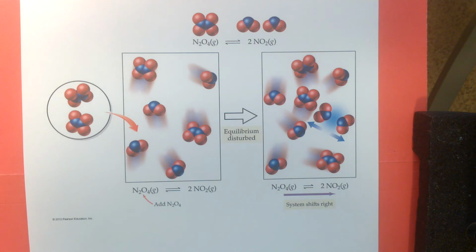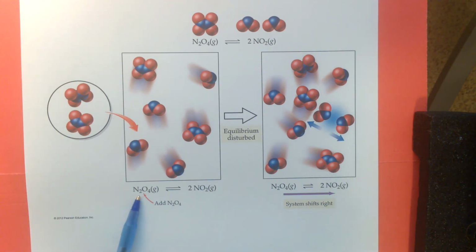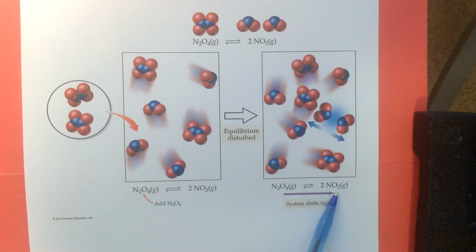So when you add concentration of one substance, you're going to shift away from the added side over to the other side. We noticed that when we added N2O4, our equilibrium shifts to the right, to the NO2, away.